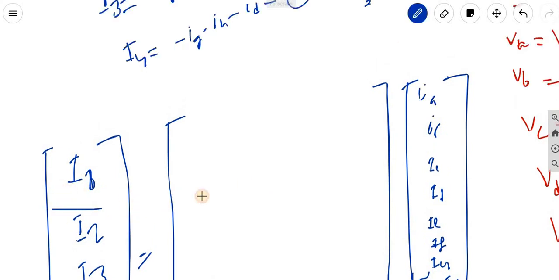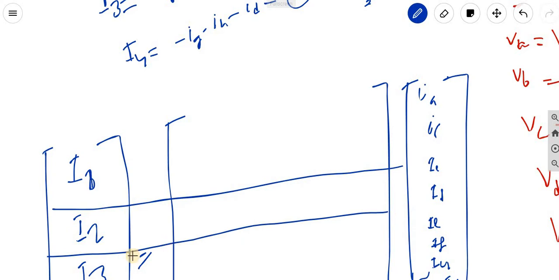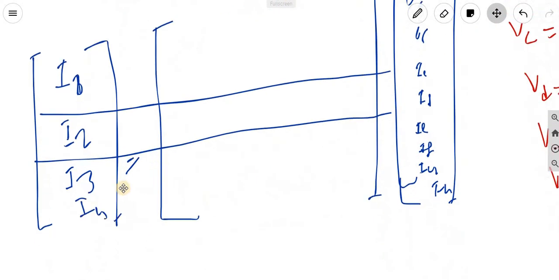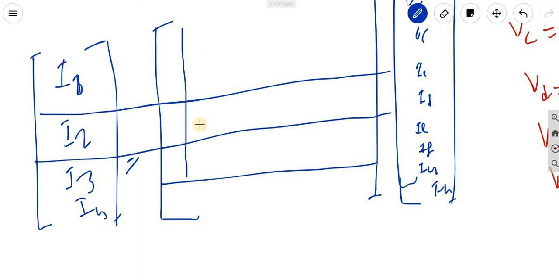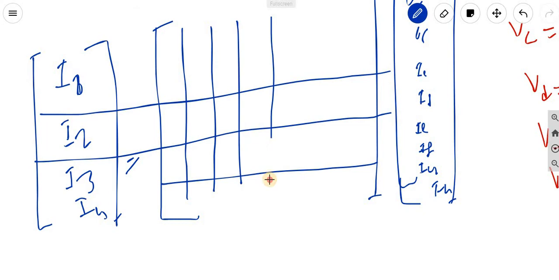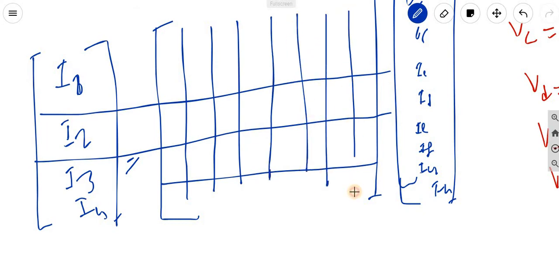So this one, this one, this one, this one, this is the element.